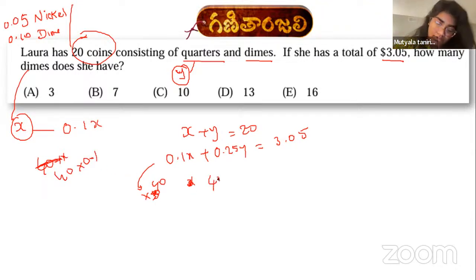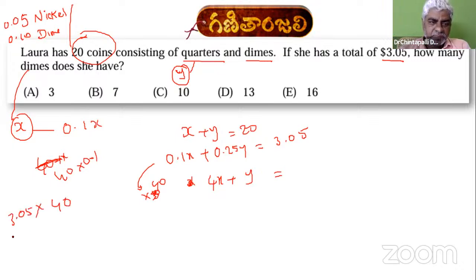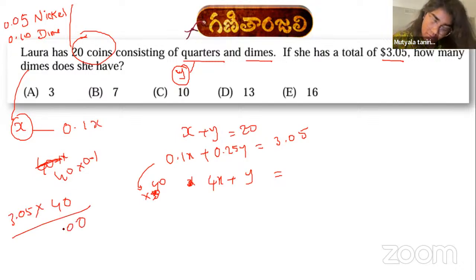So 4x plus 10y is equal to 40 times 3.05, which is 122.